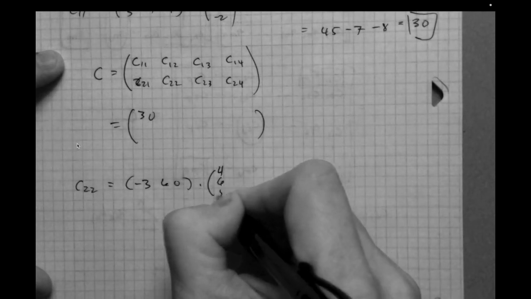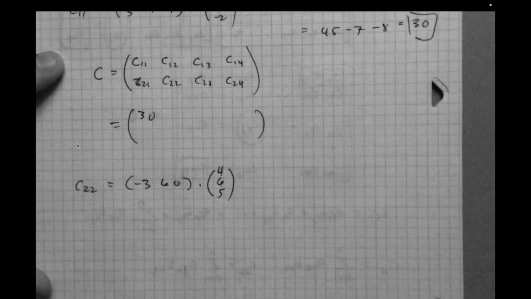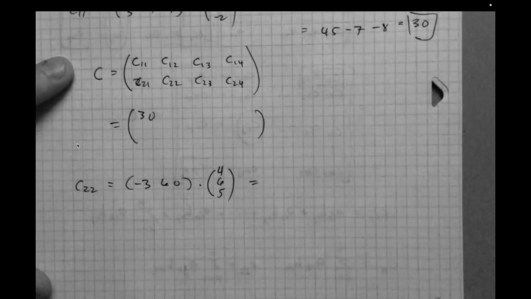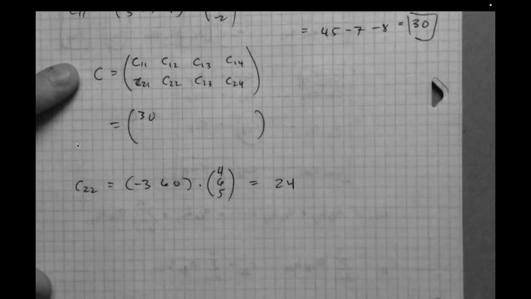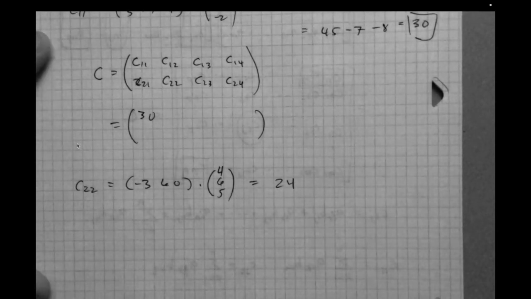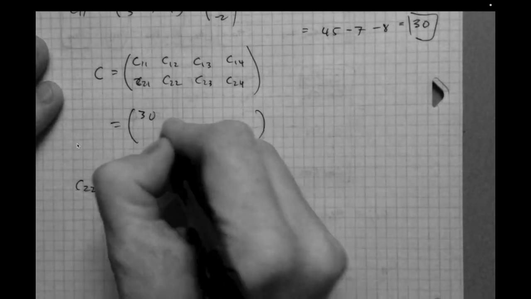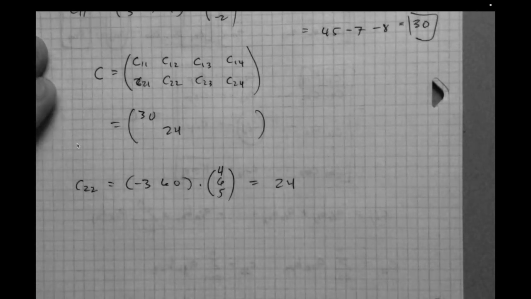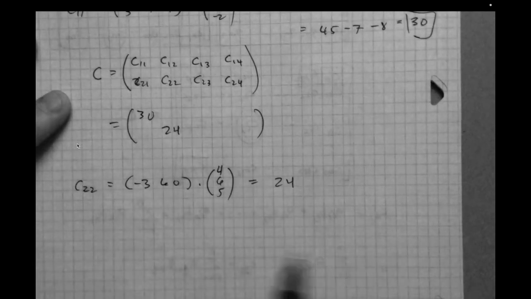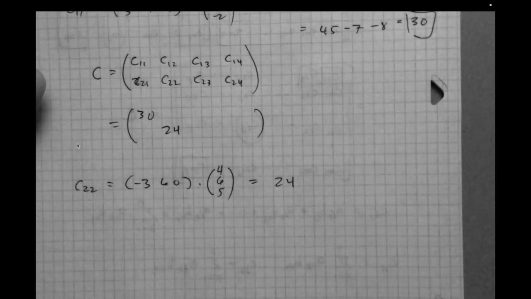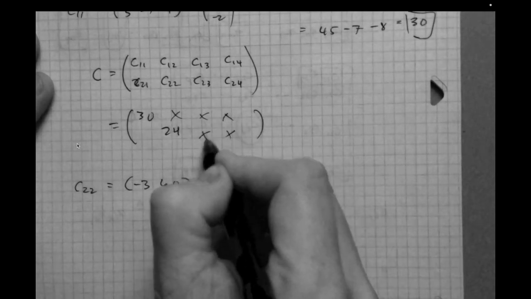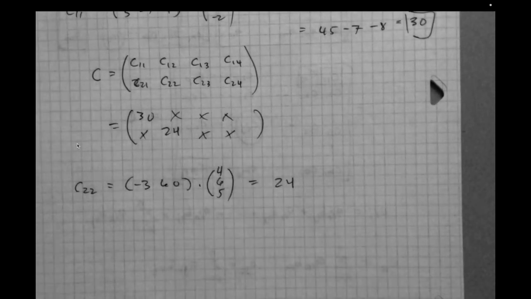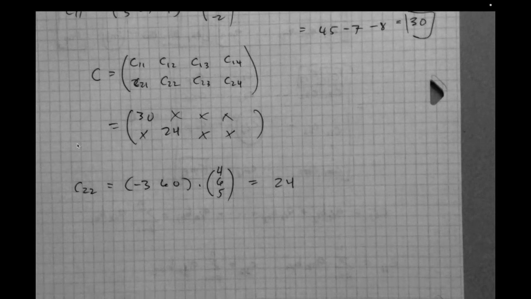When you do that work, you will see that C22 is equal to 24. And as you go through the whole matrix, if you spend the time, you'll be able to find all the entries.